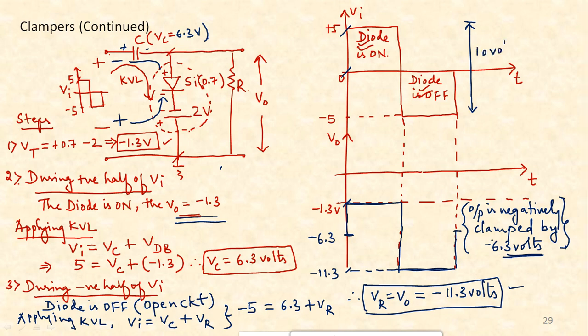So for the input, if it is 10 volts altogether, then the output is also 10 volts. Just cross verify. Minus 1.3 to minus 11.3 is again 10 volts. So nothing has changed. There is only negative clamping here. The shape of the waveform is still the same. Is there any doubt here, students? It's very simple. All right.